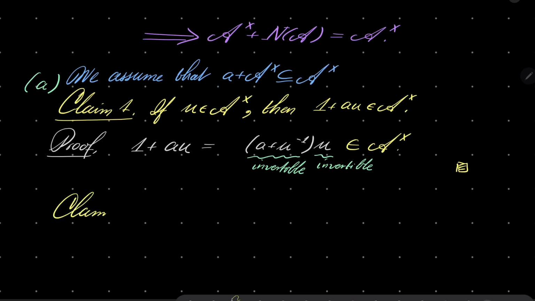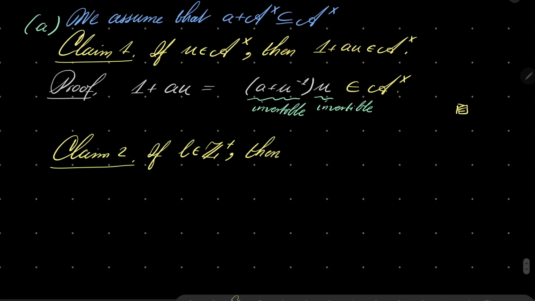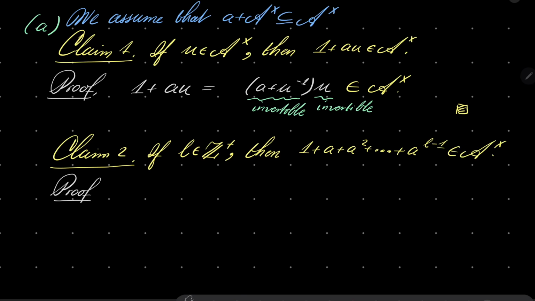Claim number 2 is much more interesting. I claim that if L is a positive integer, then 1 plus a squared and so on, plus a to the power L minus 1, this entire thing is also invertible. Proof. I will prove it by induction.